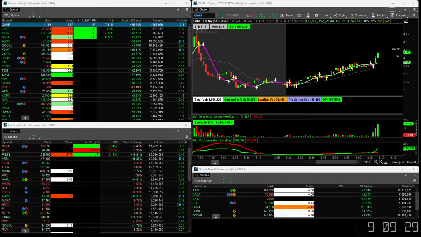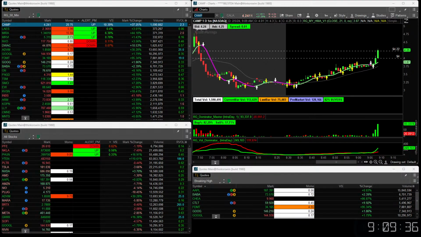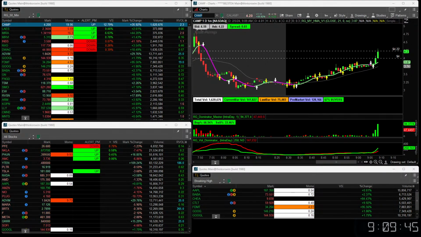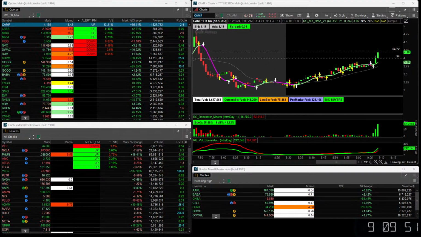Nice tall green bars on CAMP, looking good on my other indicators. Be careful of that 40-cent halt. So that halt would be around 440 if it kicked in hard right now.